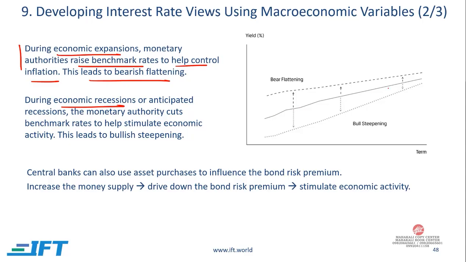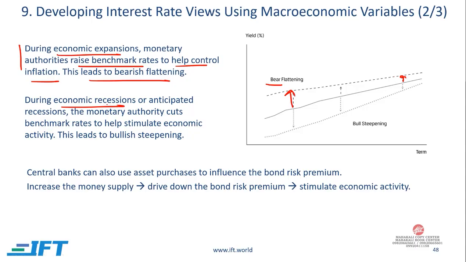So this is the original yield curve. When the monetary authority raises rates, the short-term rates go up more than the long-term rates. We are starting out with a normal yield curve, which is an upward sloping yield curve. And since rates are being raised, that is a bearish situation. So higher rates means that bond prices fall. So when we have an increase in rates, that's called a bearish sign. And this is flattening because short-term rates are going up more than long-term rates.